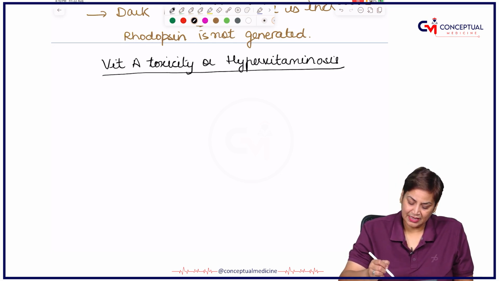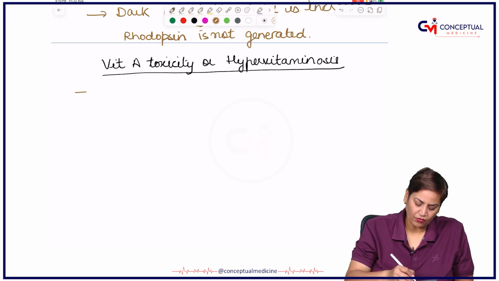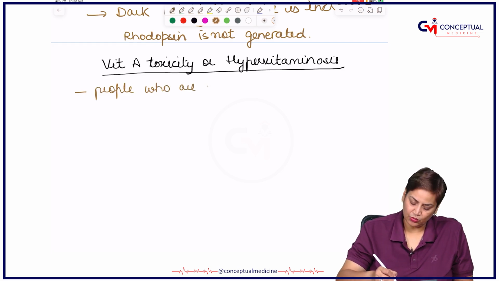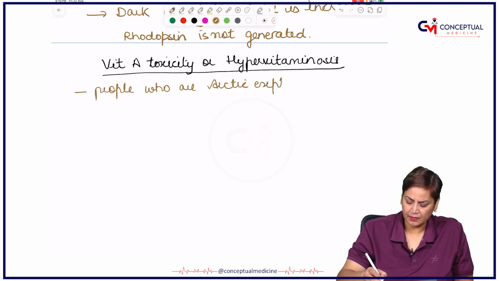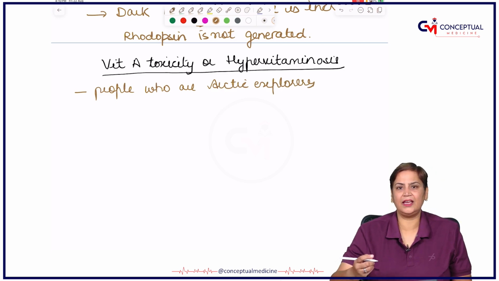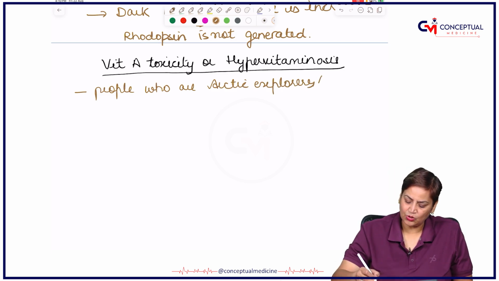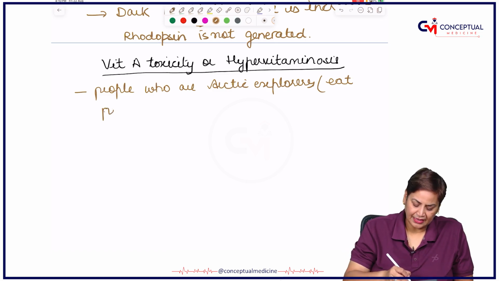So what happens here is, this hypervitaminosis is a characteristic feature of people who are Arctic explorers. Arctic explorers, because the Arctic area is the coldest area, so they eat polar bear, and that too the liver of the polar bear.